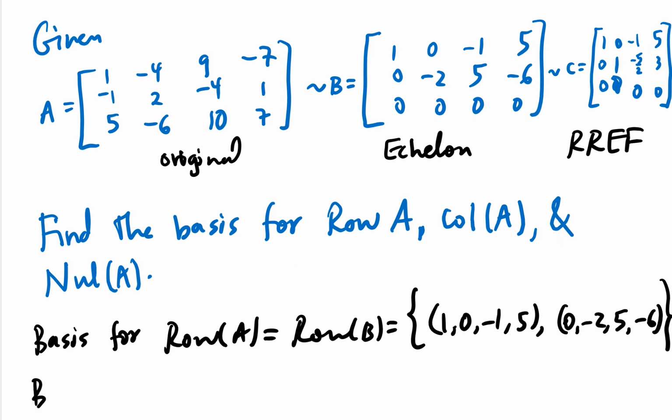So now the basis for the column space of A. What does it require us to do? Here we need to find which columns are pivot columns, right?